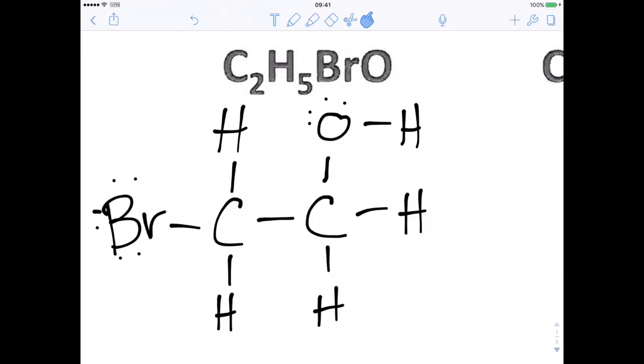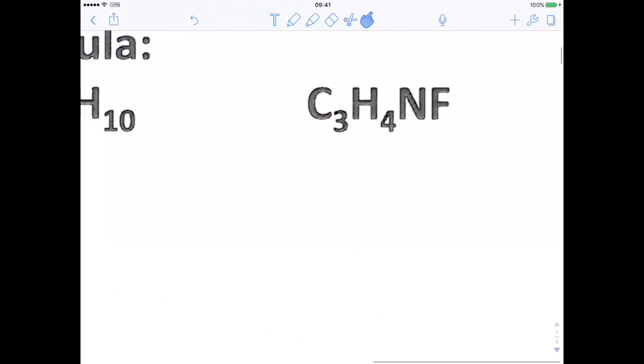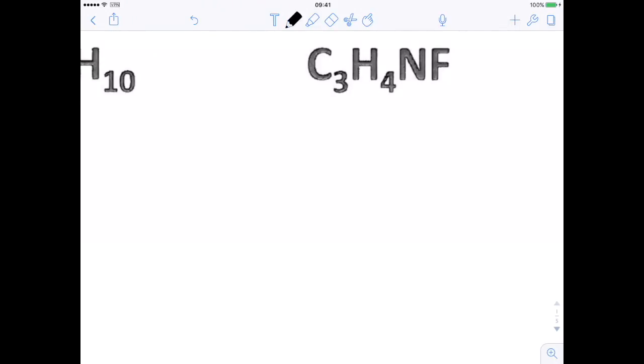If we want to move on to another, slightly more difficult example, with this one it's no different than any other one. Just add your central carbons first and foremost. And since fluorine only wants to bond once, just like with bromine, you can just attach it and add its electrons in order to fill its octet.